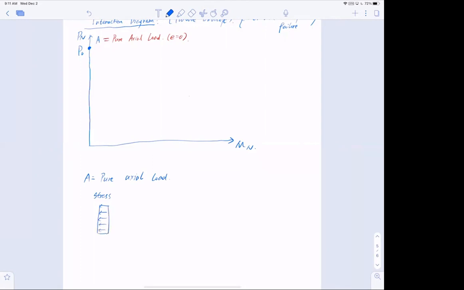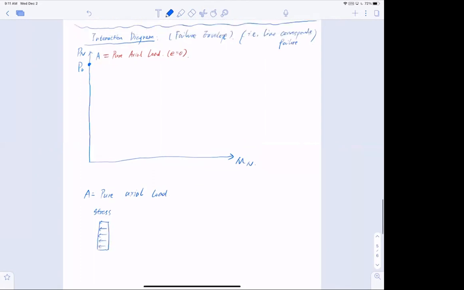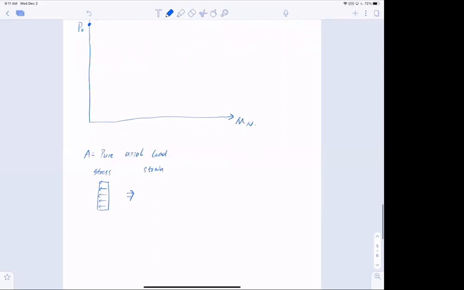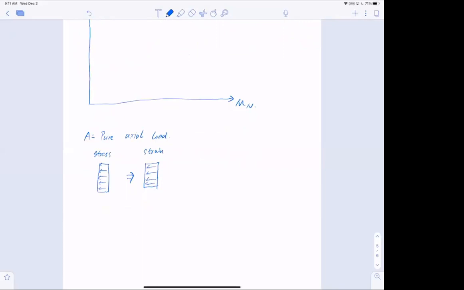Looks like that. And if I take a look at the strain, it is the same. So I have pure compressive strain. Okay, so that is as simple as that. As A, that's the pure axial load.